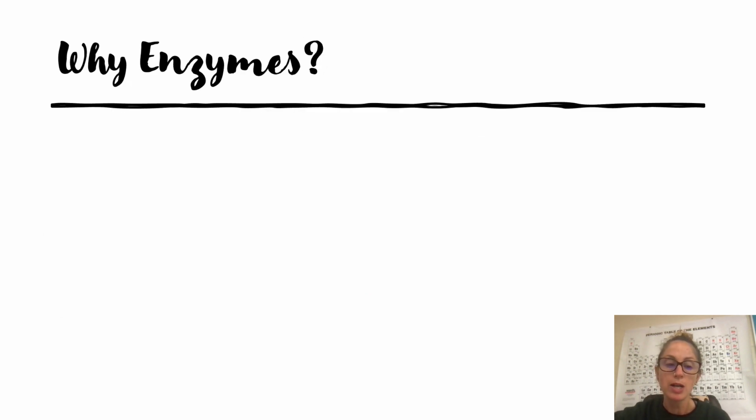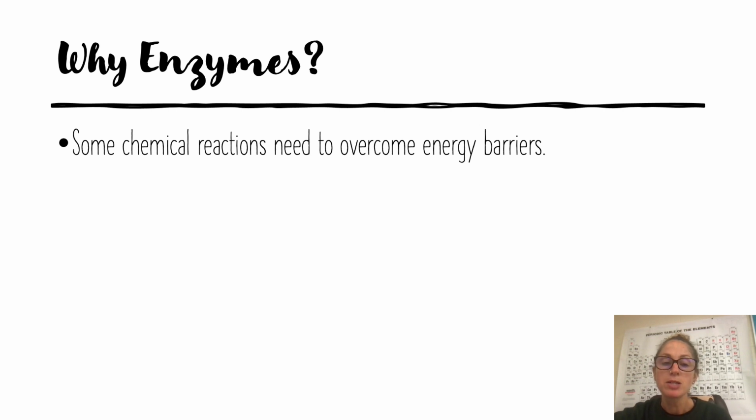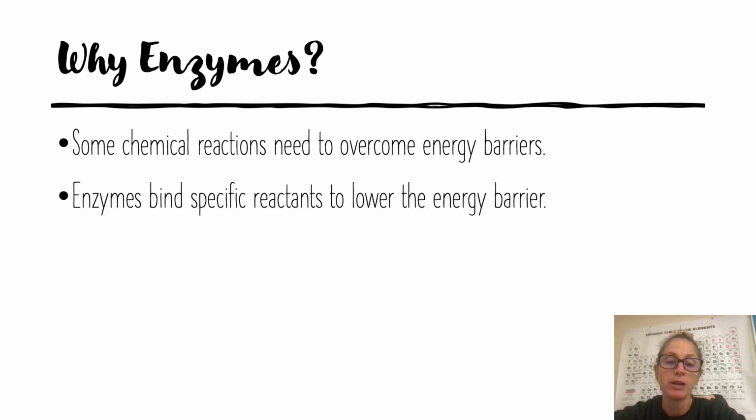So why do we need enzymes? Some chemical reactions need to overcome energy barriers. So there's some sort of energy problem, if you will, that we're going to talk about a little bit later in the next unit, where energy is needed to overcome the reaction, and the enzymes will lower that need of energy.